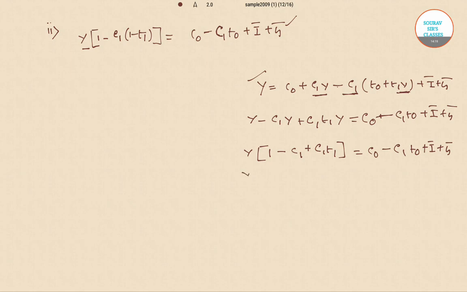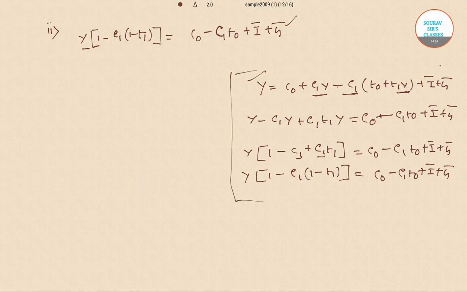Now if you further solve it, if you take C1 as common, you will get 1 minus C1 (1 minus T1) equals to C0 minus C1 T0 plus I bar plus G bar. So this is how we get the entire thing here.